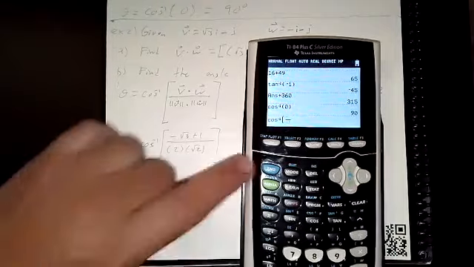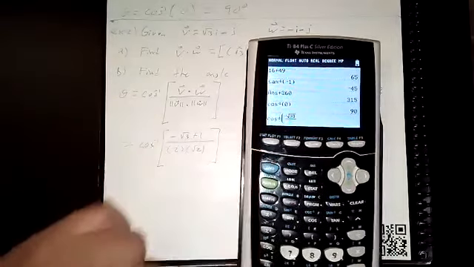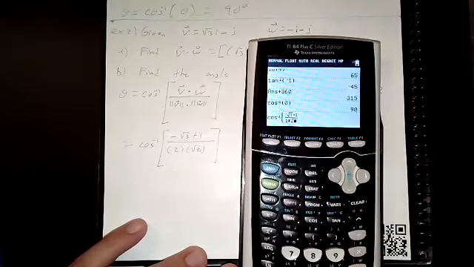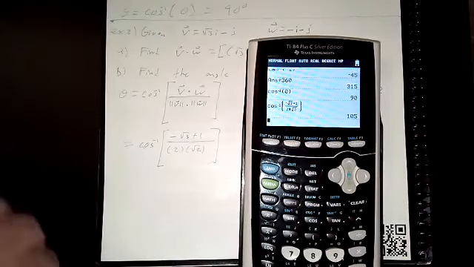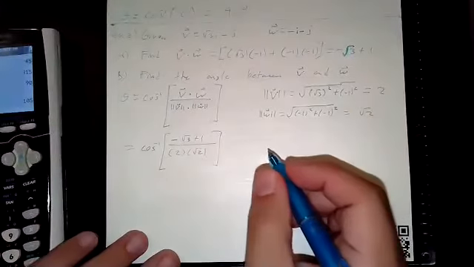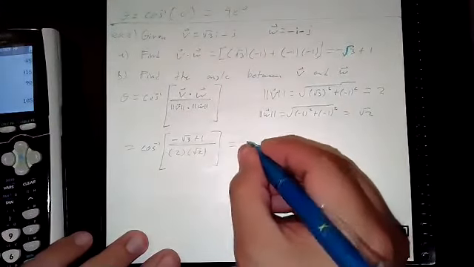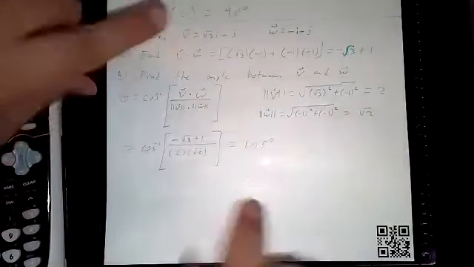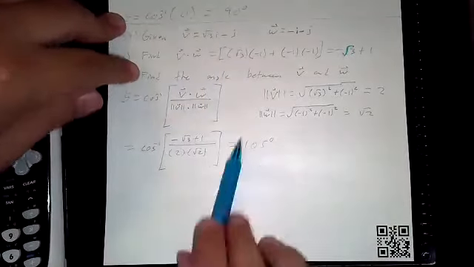So negative root 3 plus 1, over 2 times root 2, gives 105. So that would be 105 degrees. So the two vectors are separated by 105 degrees.